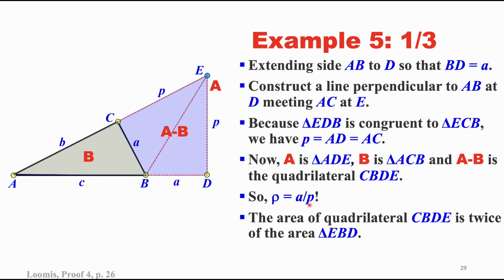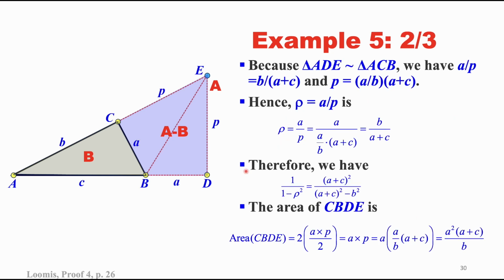But what is P? Because triangle ADE is similar to the triangle ACB, we know rho is equal to A divided by P. Due to similarity, the ratio of this side is equal to the ratio of this side and this side. So rho is A over P, which is equal to A over this.